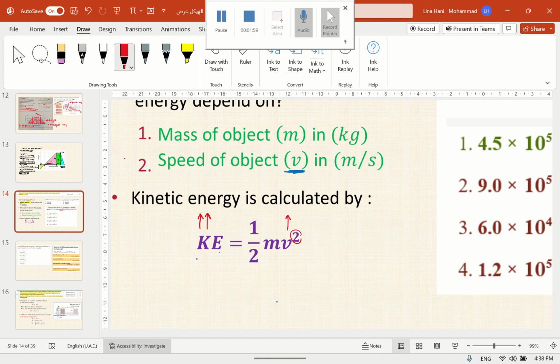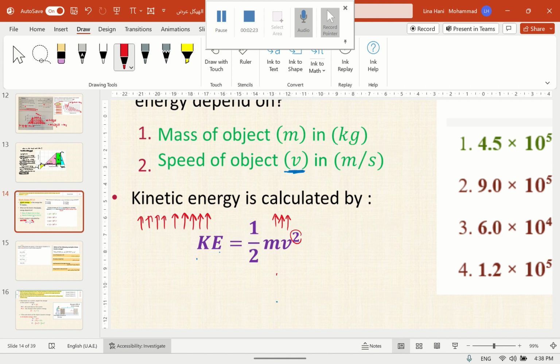So for example, if it doubles, the kinetic energy will increase 4 times. If it becomes 3 times its amount, then the kinetic energy will become 9 times its amount. That's because the kinetic energy is dependent on the square of the velocity.